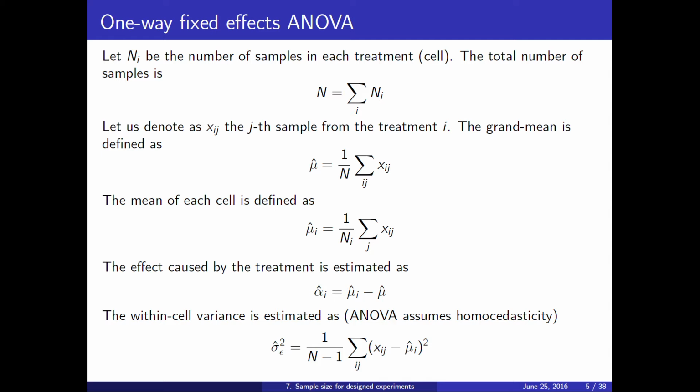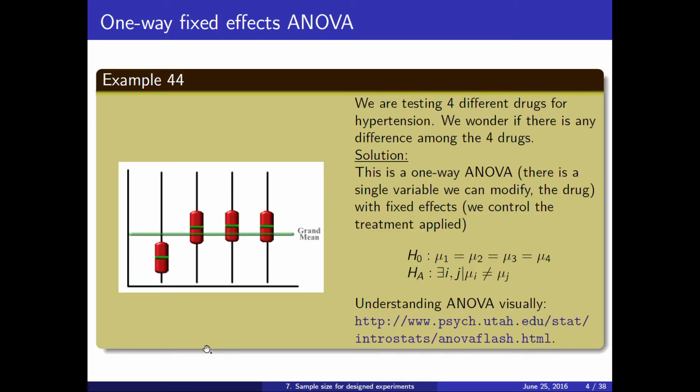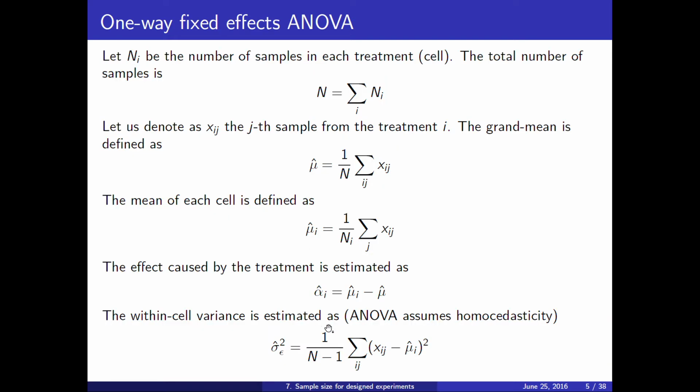But let's keep these things simple. And then we will estimate the within cell variance, so how variable data is in each one of the cells, and we will assume that all cells are equally variable, so that we can use all information from all cells to compute the variance of the residuals.